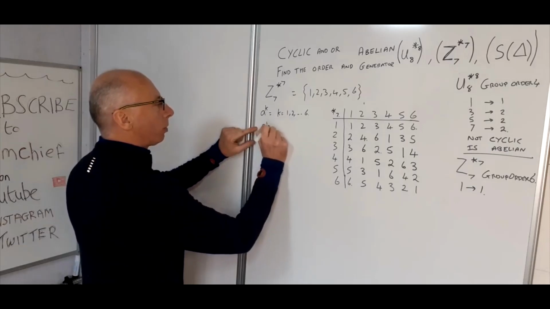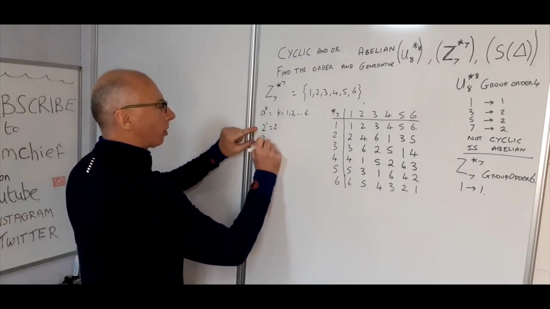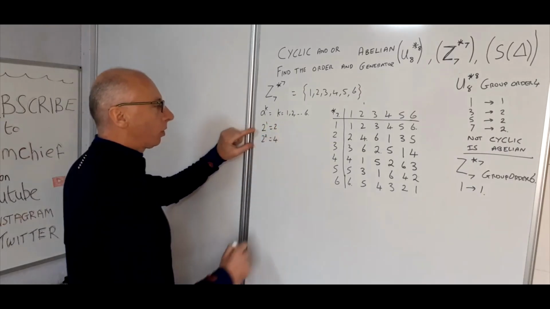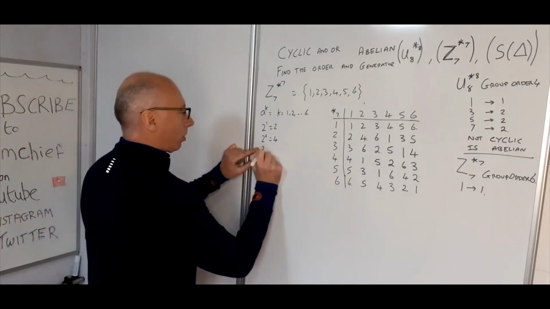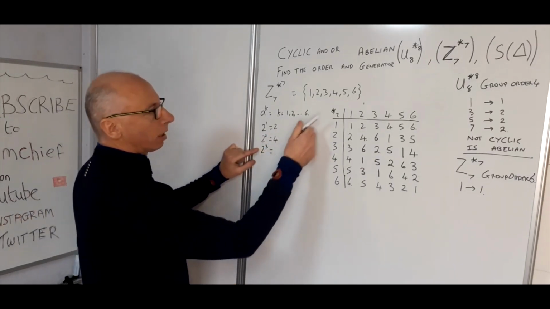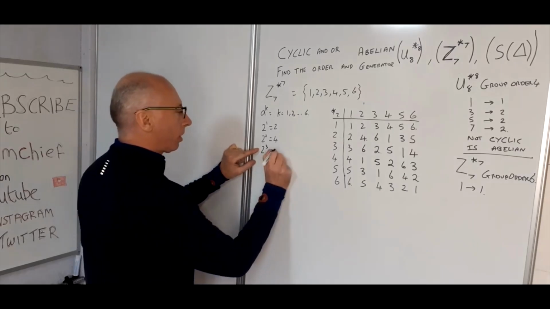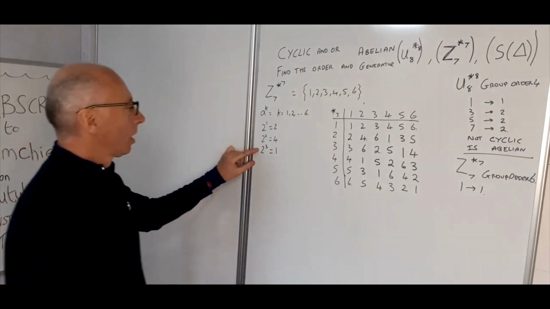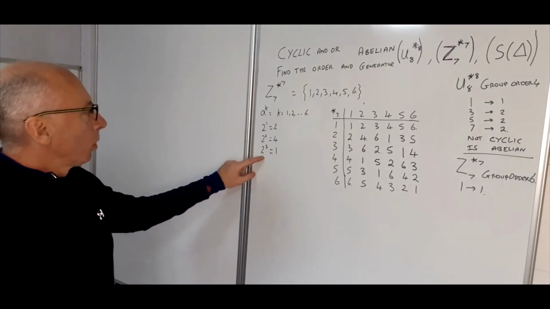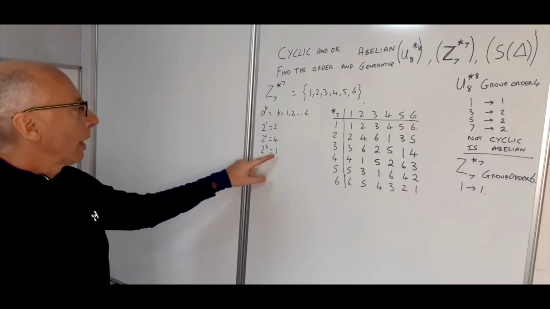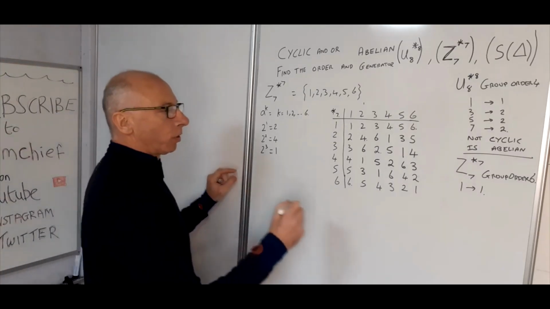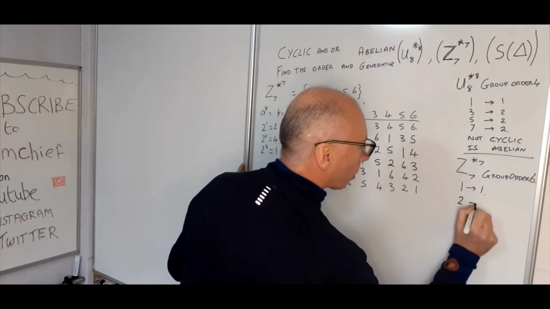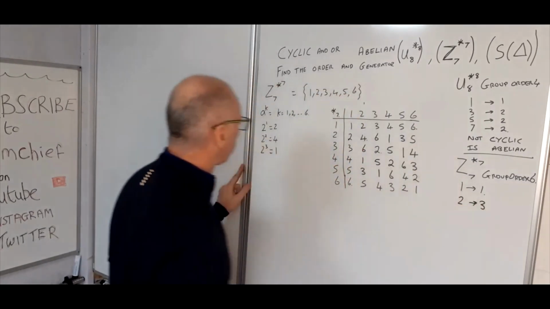So 2 to the 1 is 2. 2 squared gives us 4. 2 cubed gives us 8, but remember we're modulus 7, so that gives us back to the 1. And then if you multiply this by 2 again, we're back to the 2. So 2 is of order 3.